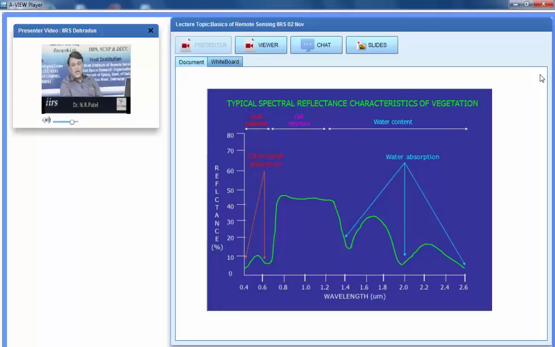But beyond near infrared, there are also some water absorption bands, 1, 2, 3. These water absorption bands are linked to the liquid water thickness. If a leaf has more liquid water thickness, that means leaf water potential or leaf water status, it can lead to absorption of short wave infrared wavelength. So some crop like potato, if you press potato leaves, you will find water easily comes out.